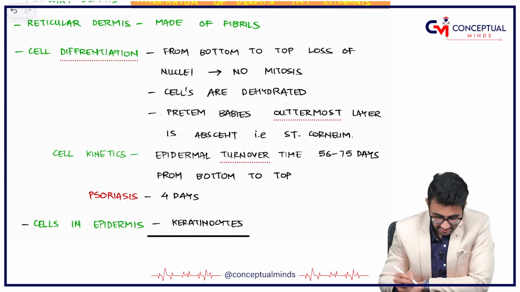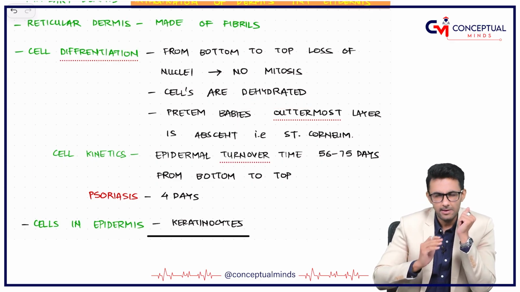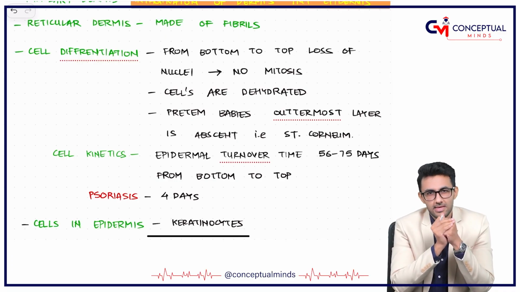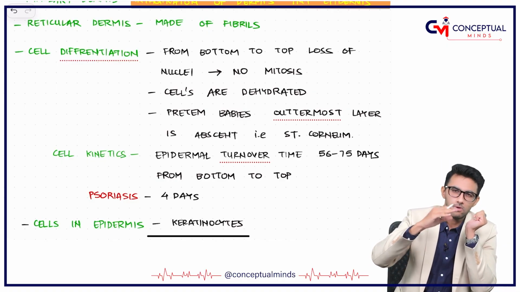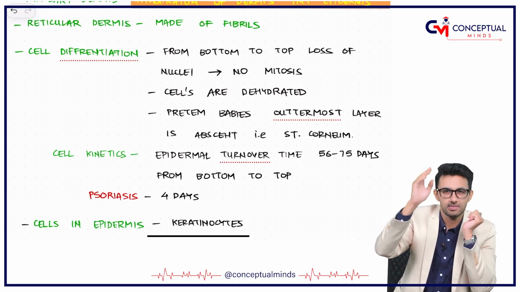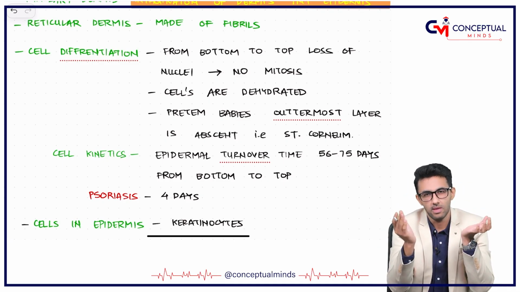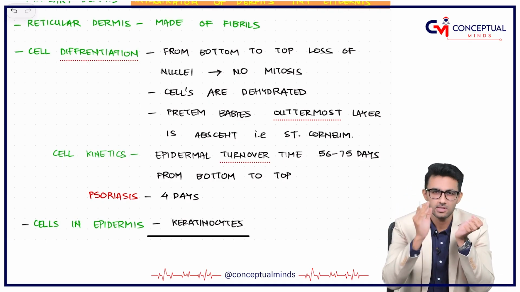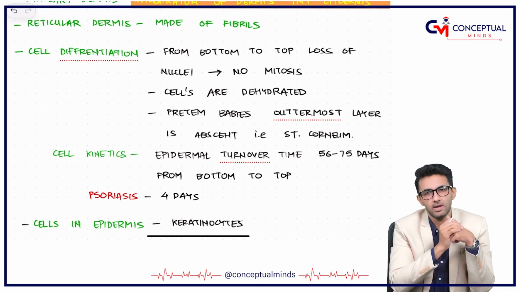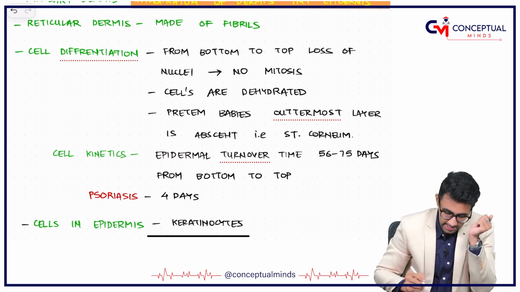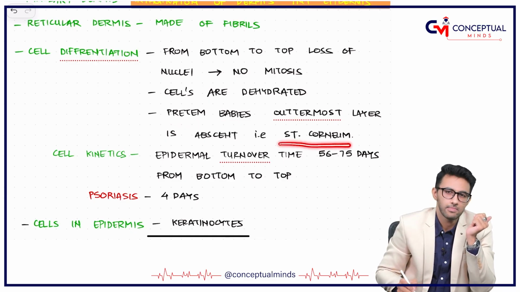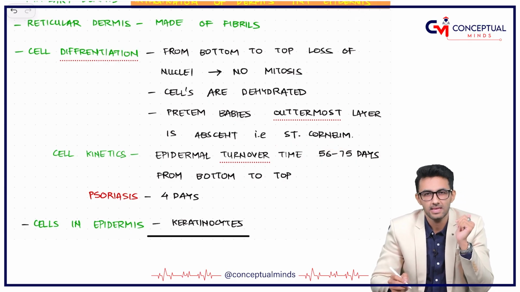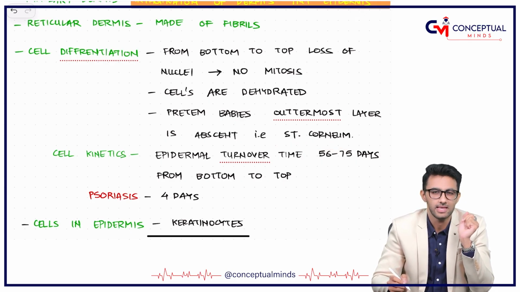And the next point is, if there is a premature baby, in all the layers, from the big strong guys love coffee, which layer would not be forming in the preterm babies? It is obviously the stratum corneum, right? So in preterm babies, the outermost layer is absent, that is the stratum corneum. It's quite a basic thing, but this was the question which was asked in the exam.